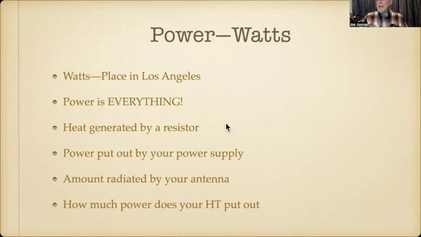Whenever a resistor is being used, it dissipates power because there's voltage across it and current going through it. Power is the voltage times the current. And in a resistor, it dissipates power in one way, and that's by turning it into heat.